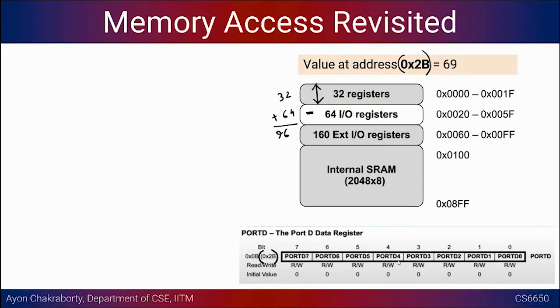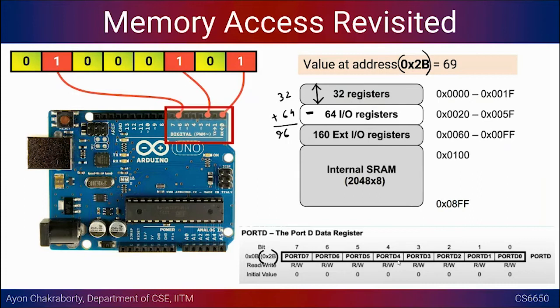Okay, it's clear. So now what this port D data register means in the context of an Arduino is this. This port D register is very special because based on the bits that are set or unset inside the port D register, we can turn on or turn off a certain digital input output pin.